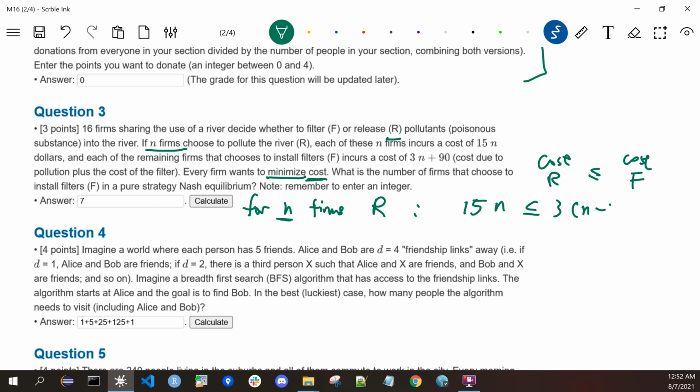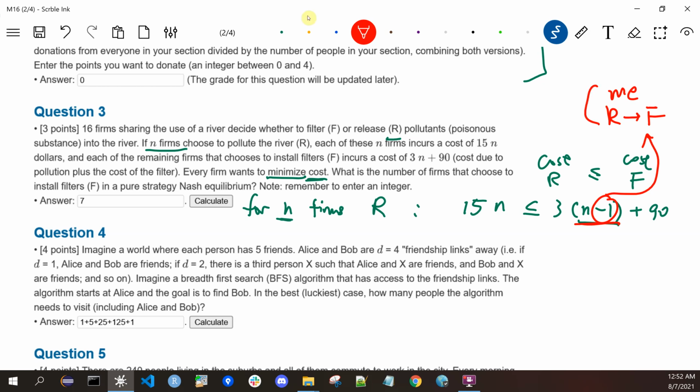So we actually have one less firm polluting. That's why the value N here is decreased by 1, and we still have the cost of installing the filters. The reason why we have -1 is just like in the vaccination problem, I'm going to call it me. That's my company. My company switched from releasing the pollution to not polluting. So the total number of people polluting the river is decreased by 1, basically my company.